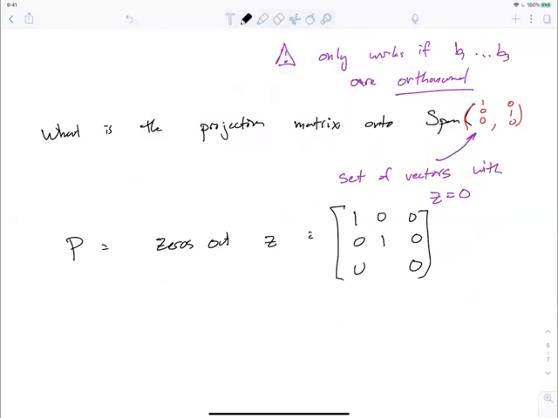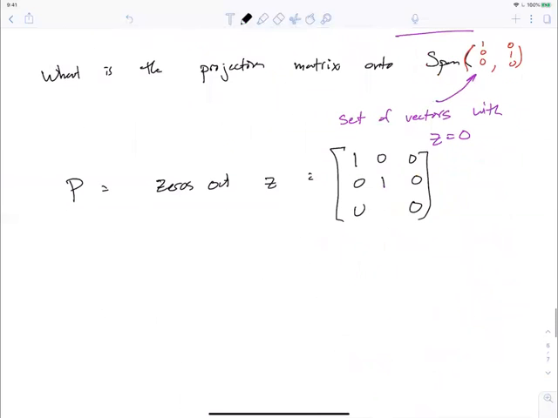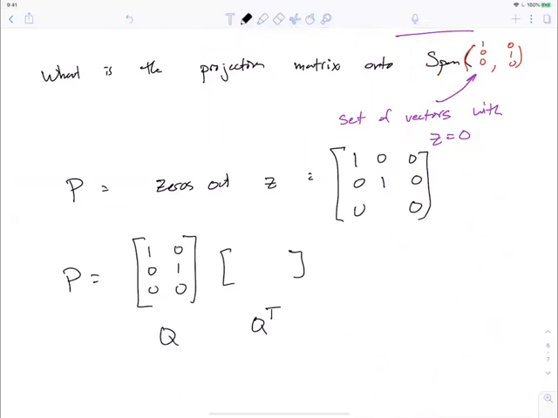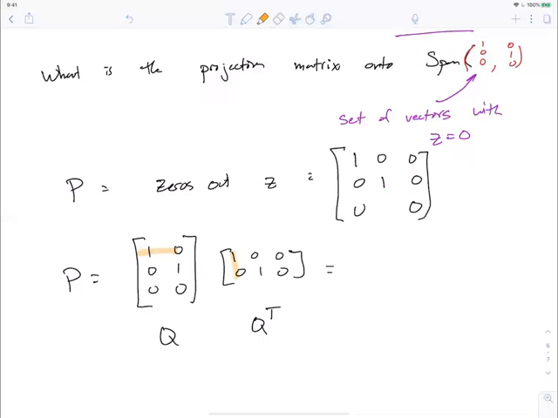But on the flip side, if we want to use our newfound idea of using an orthonormal basis to find the projection matrix, we can write it like this. We can take our partial Q, multiply it by its transpose, and sure enough, what's going to happen here? We get 1 there.